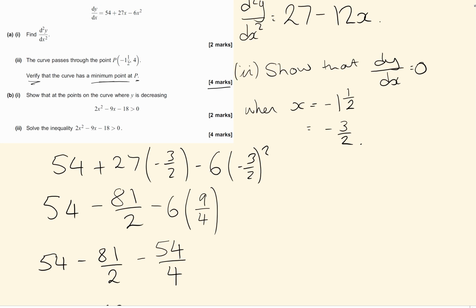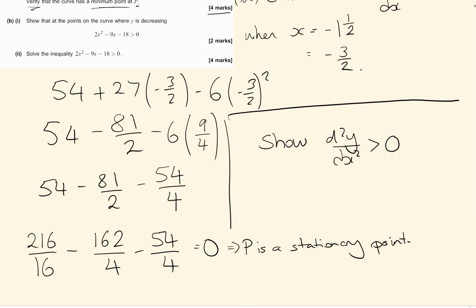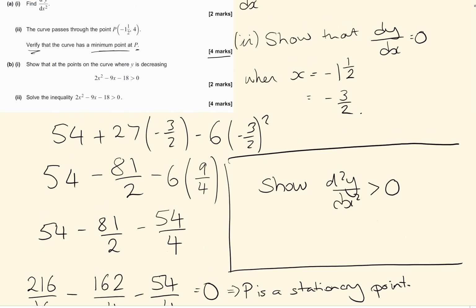And then, once we've shown that, we want to show that it's a minimum. So we need to show the second derivative, d2y by dx squared, is a minimum, so therefore it should be a positive value, greater than 0 for it to be a minimum. This is all still part of part 2, so let's box off what I'm doing here, just so it's really clear.